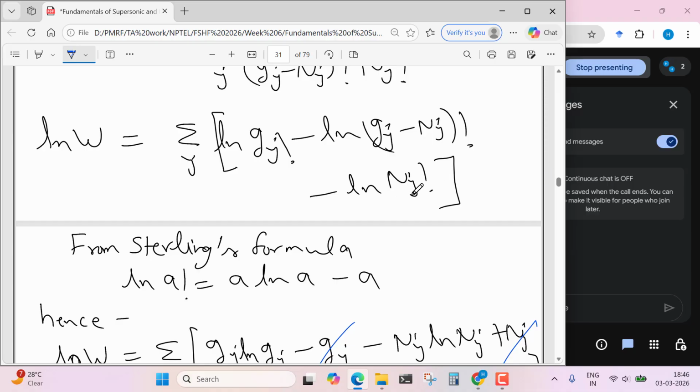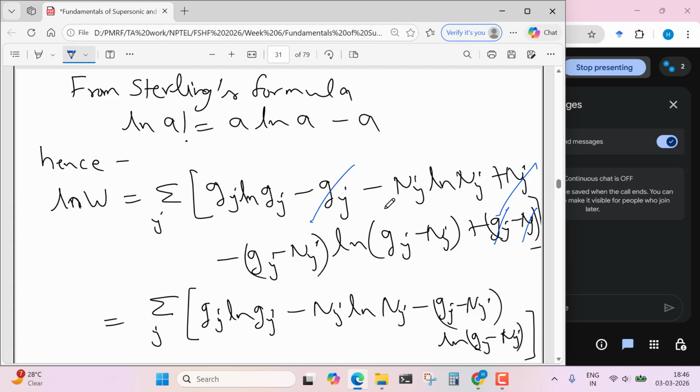And this log Nj factorial will become Nj log Nj minus Nj. So if we put all this here, we will get log W equal to sigma j, Gj log Gj minus Gj minus Nj log Nj plus Nj minus Gj minus Nj log Gj minus Nj plus Gj minus Nj. So Gj will cancel, Nj will cancel.